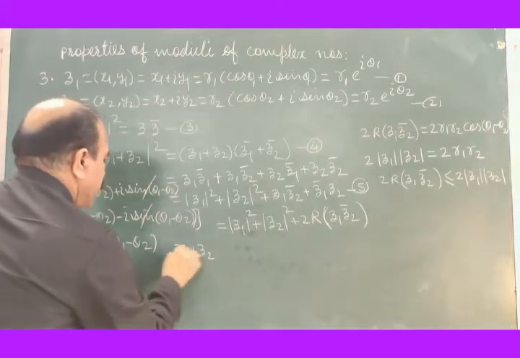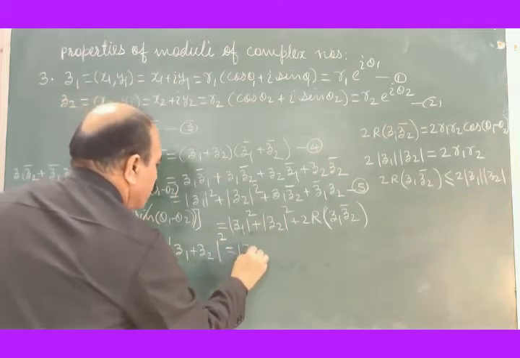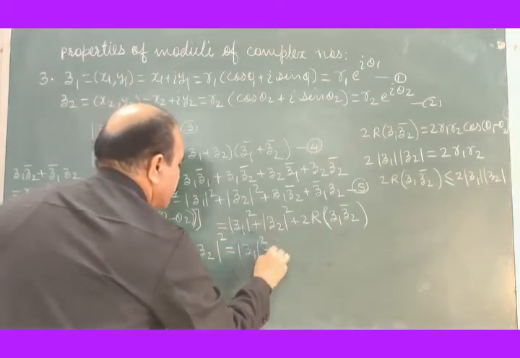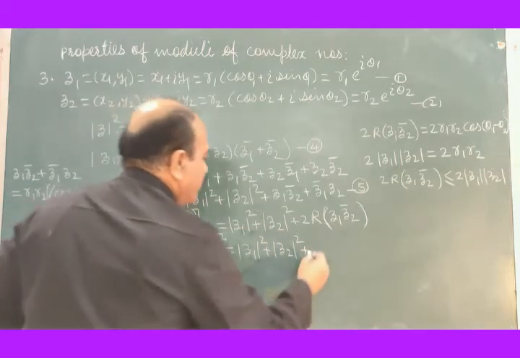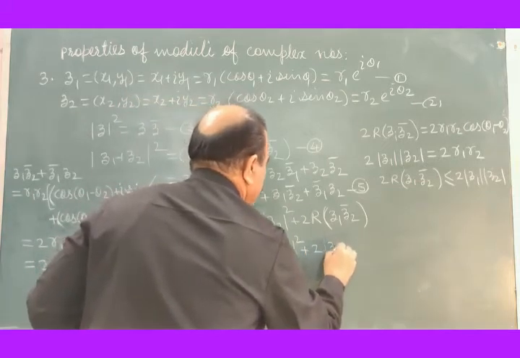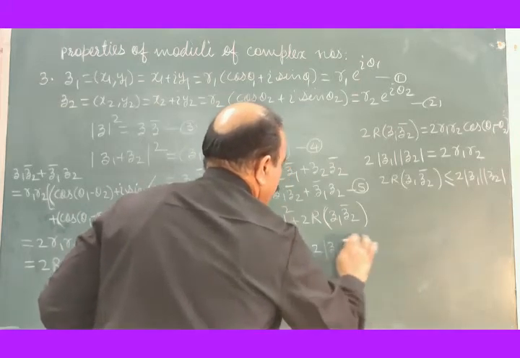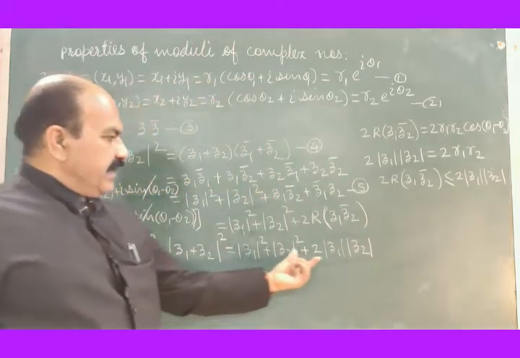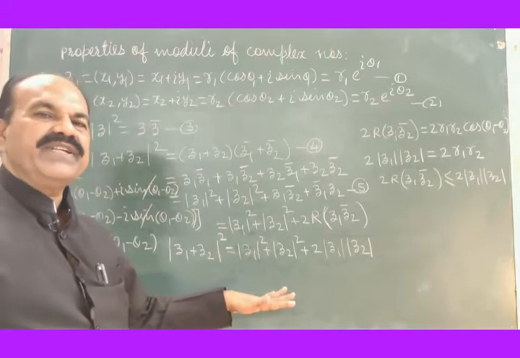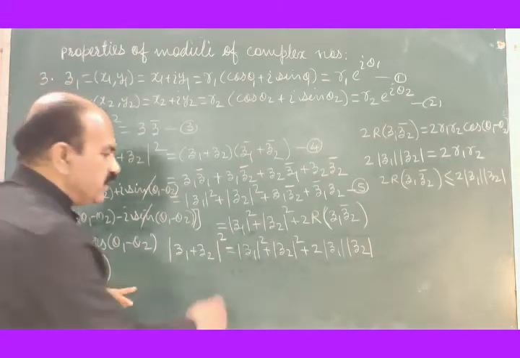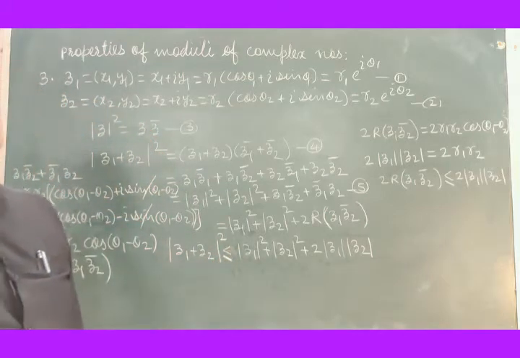Z1 plus Z2 square is equal to modulus of Z1 square plus modulus of Z2 square plus 2 times modulus of Z1 into modulus of Z2. This term is greater than this term, so obviously the RHS will become greater and the LHS smaller, and therefore this equal to sign should be replaced by less than or equal to.